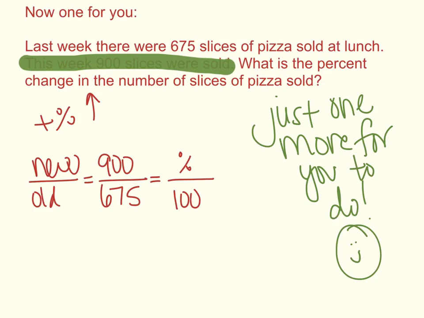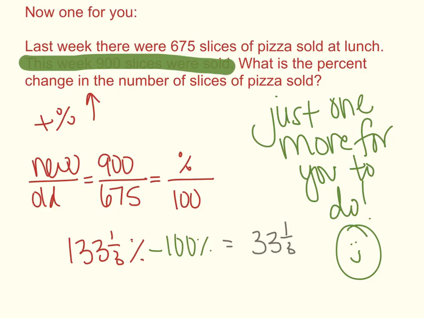And when I did that, I found out that I had 133 and 1/3% as my answer for x, or my unknown. And then I'm going to subtract 100% from that. And so I really find out that I have a 33 and 1/3% increase on the number of slices of pizza sold in this new week.